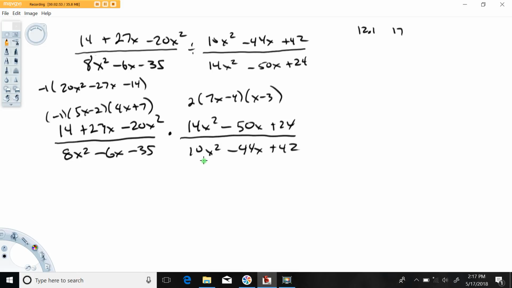You can factor a 2 out of this, and you would have 5x squared minus 22x plus 21. This thing I factored again with the guess and check method. It's most likely going to factor into 5x minus something and x minus something, and the somethings end up being 5x minus 7 and x minus 3.